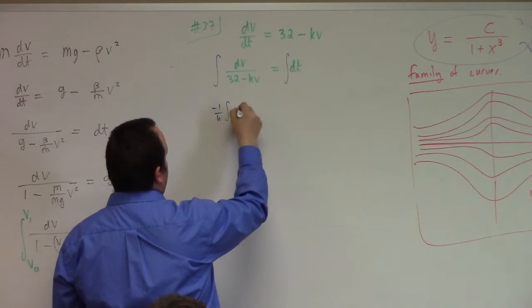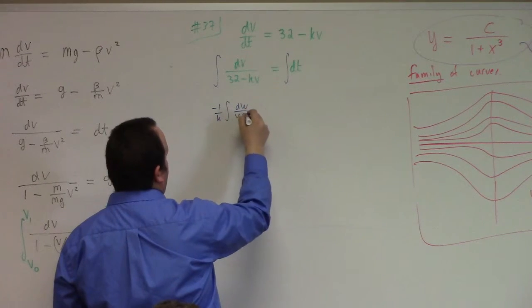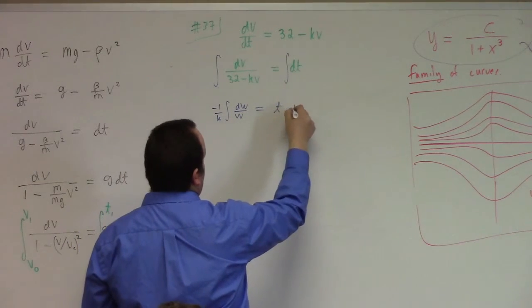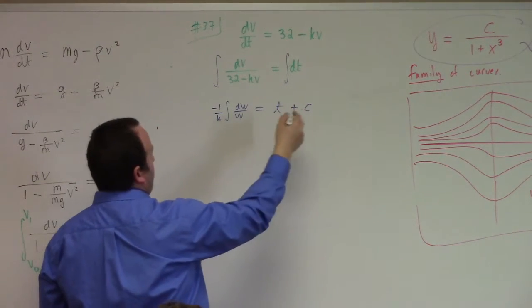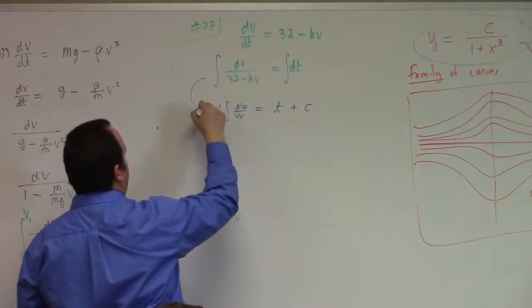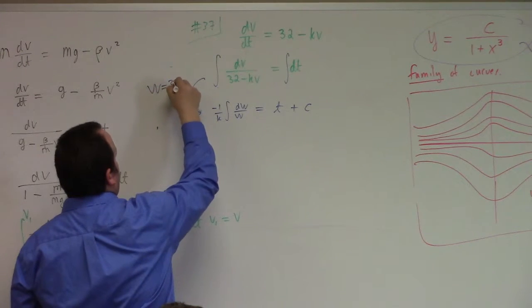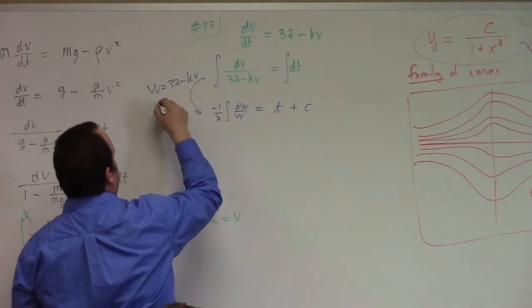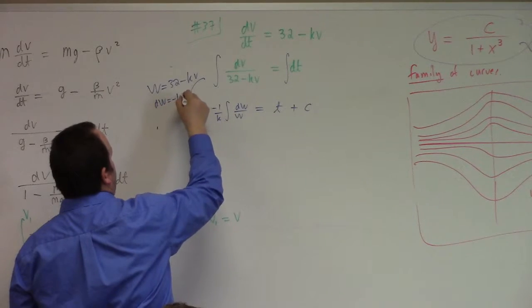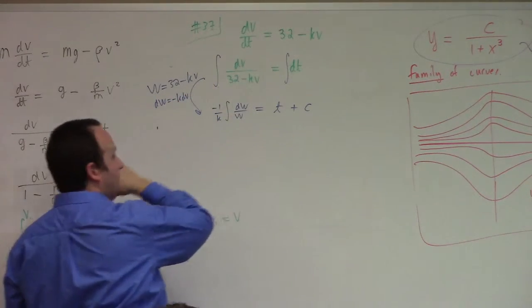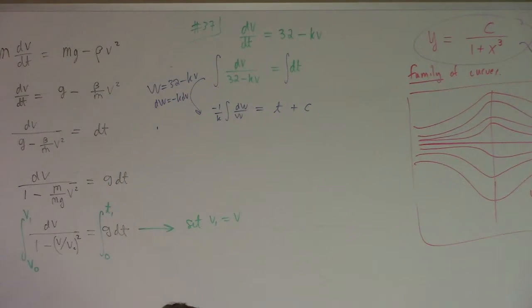Minus 1 over k dw over w, right? Where w is equal to what? 32 minus kv, right? So dw is minus k dv. So dv is minus 1 over k times dw, right?